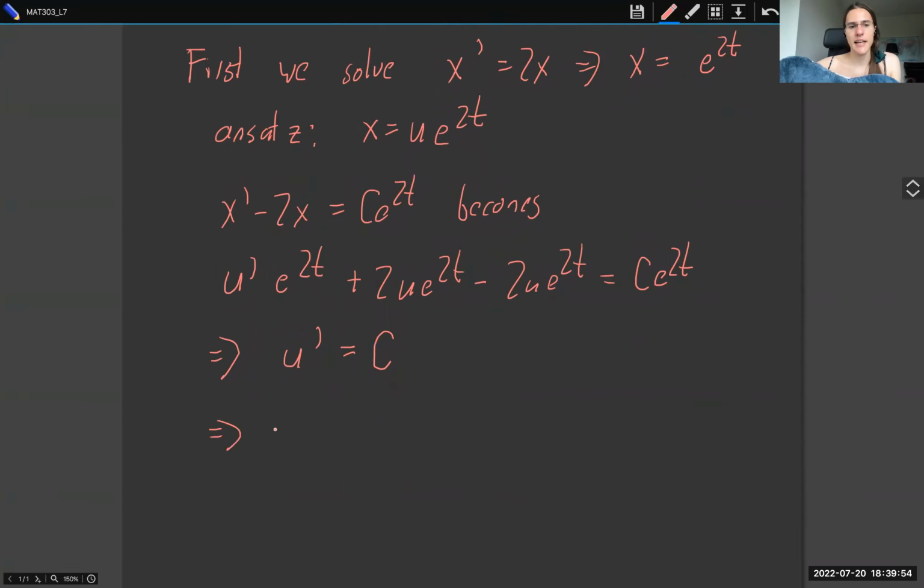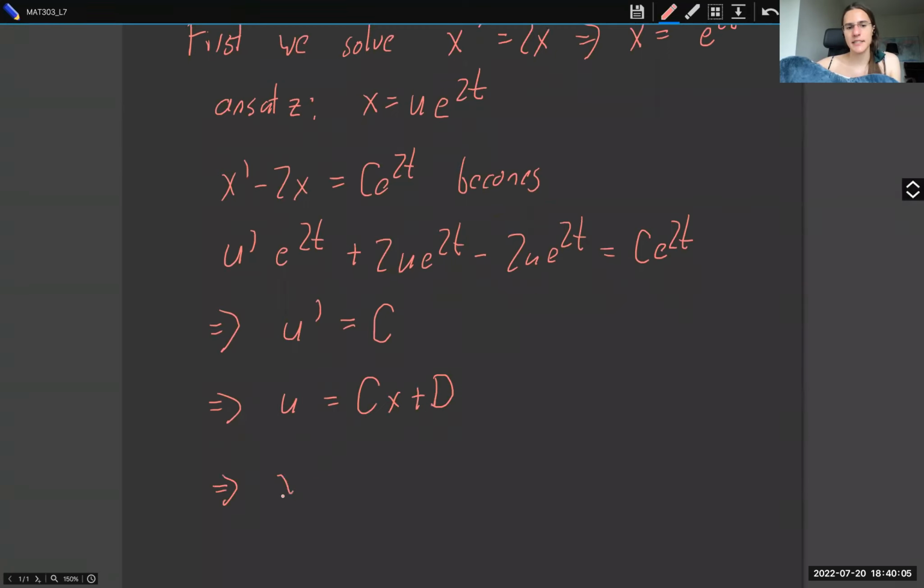So that tells us that u is equal to ct plus d. So that tells us that x is equal to c t e to the 2t, sorry, it's not x. I keep making this mistake. We're using t as our variable. So x equals c t e to the 2t plus d e to the 2t is the general solution.